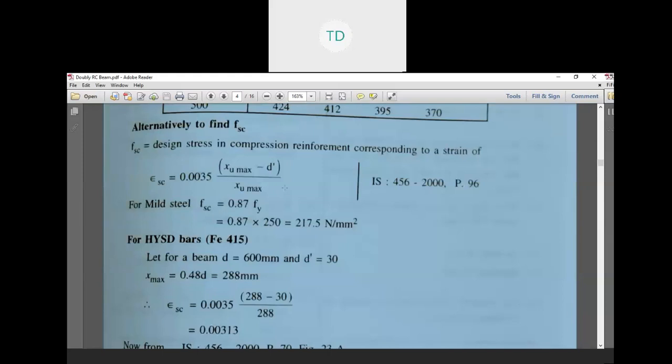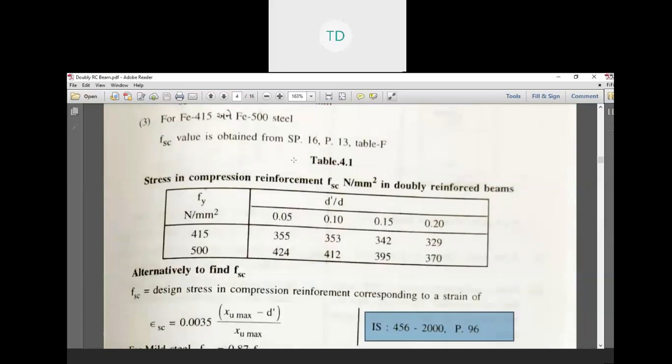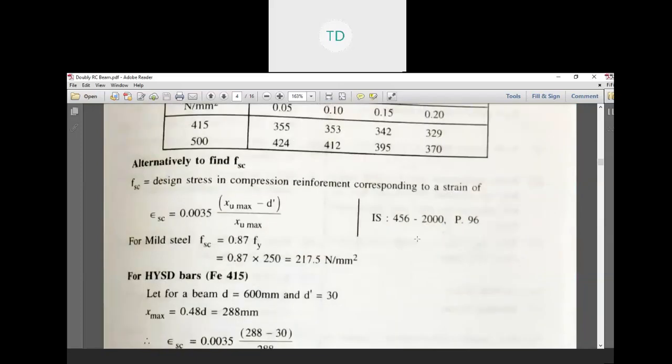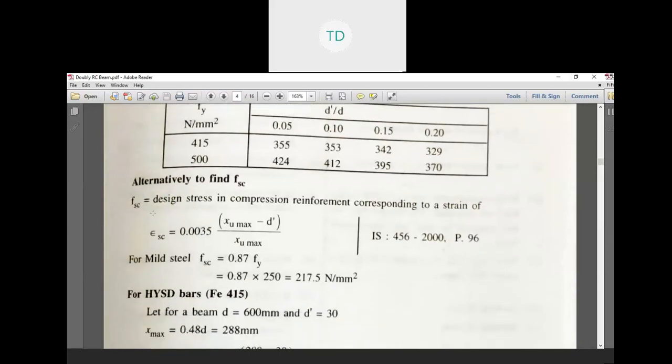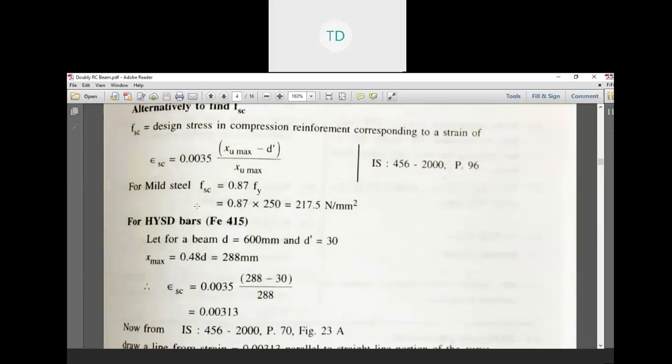This equation is given in IS 456, page number 96, but I prefer the SP 16 formula because it is very easy and time saving. Epsilon sc = 0.0035 (Xu,max - d') divided by Xu,max. The equation is also given in IS 456. I already said that for mild steel, Fsc = 0.87 Fy.